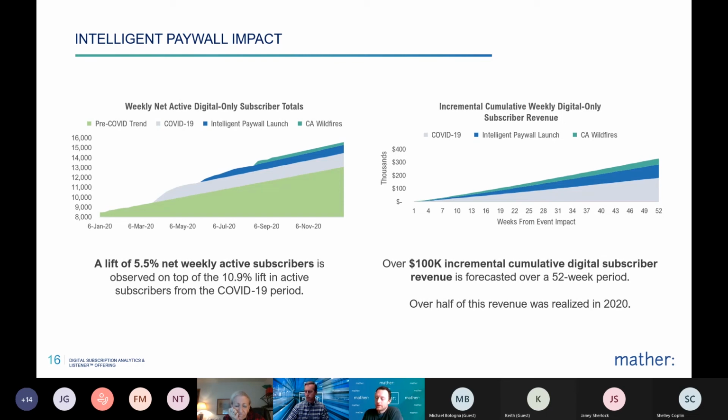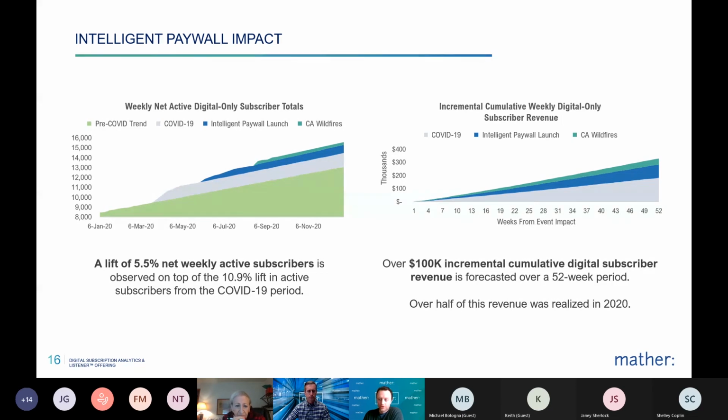When we implemented this for one of our clients last year, we were able to decompose some of the different bumps or trends in revenue growth and subscription growth. On the left-hand side, this is the total net active subscribers. You can see a trend line pre-COVID in green there. We can see the COVID bump that most publishers experienced, where there was a spike in subscriptions.